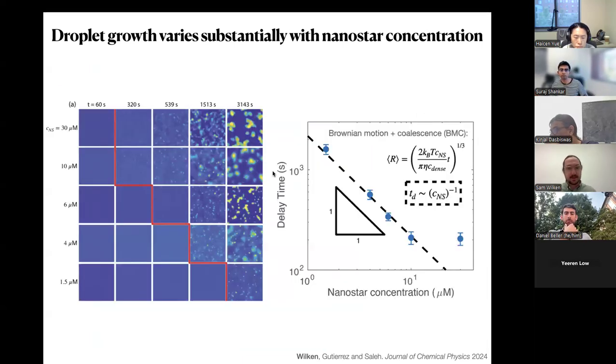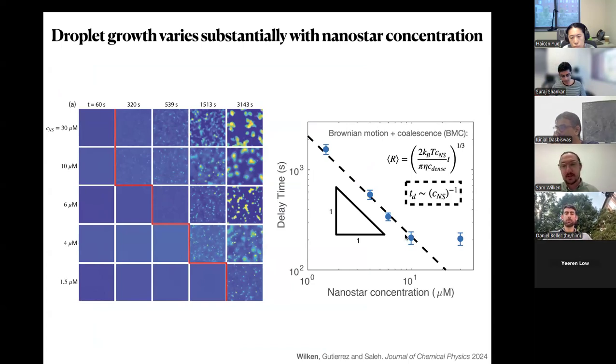And so we can plot the delay time as a function of nanostar concentration. We see this nice power law behavior that is consistent with what you would expect for a Brownian motion and coalescence mechanism. And so here, the average droplet size grows as t to the 1/3 with this prefactor here. And this prefactor has the bulk nanostar concentration in it.